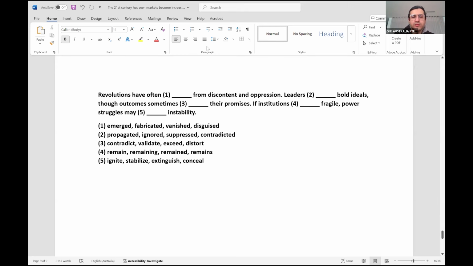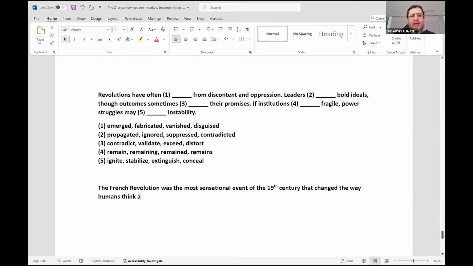For example, let's say there's a sentence in the passage that the French Revolution was the most sensational event of the 19th century that changed the way humans think and act.